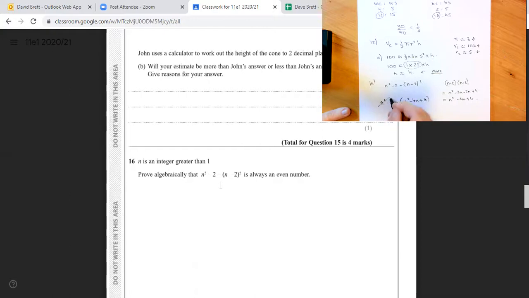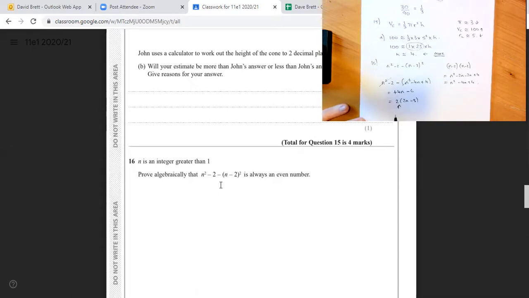So the n squareds will cancel each other out. Minus minus gives you plus 4n. Minus 2 minus 4 gives you minus 6. So that is 2 lots of 2n minus 3. So I'm multiplying by 2, therefore it's an even number, as 2 is a factor. All multiples of 2 are even.